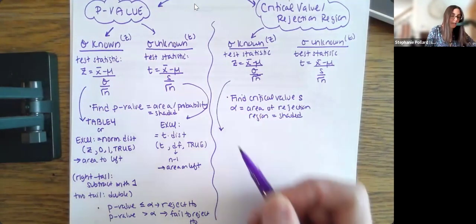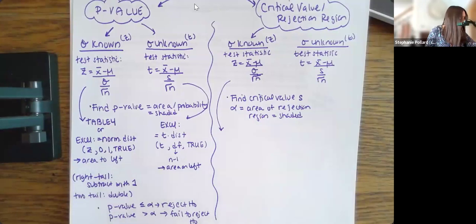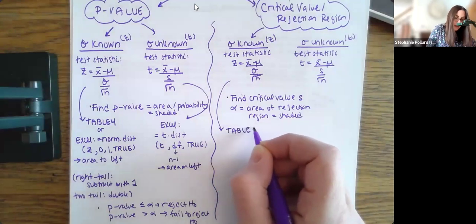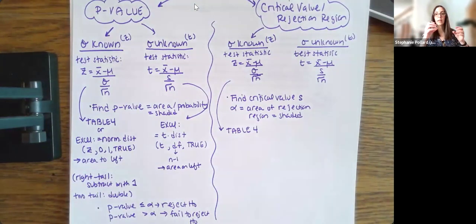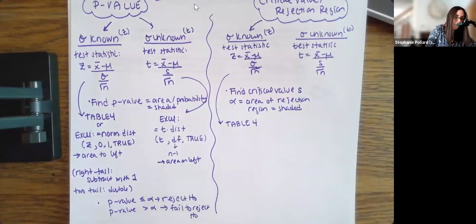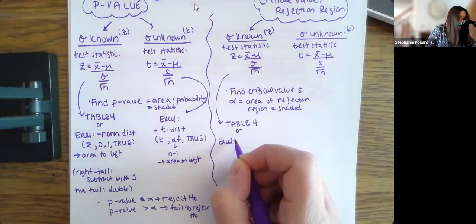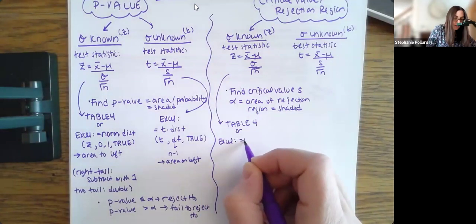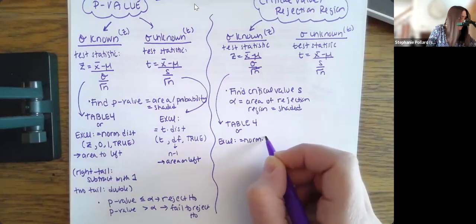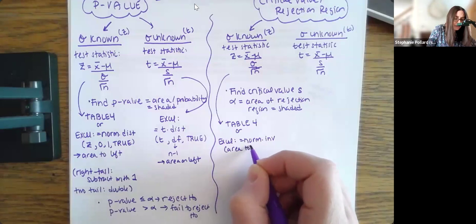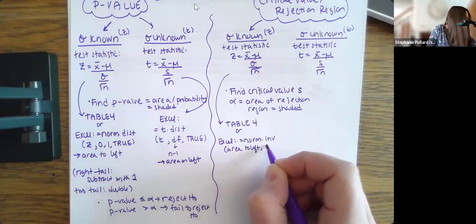All right, so if you have z-scores, how do you find your critical values? You could do one of two things. You could use table 4, and in that case, don't forget you're working inner to outer, so you're working kind of backwards to use the table. Or if you're using Excel, you are using the formula NORM.S.INV, and again, you give it the area to the left, between 0 and 1.